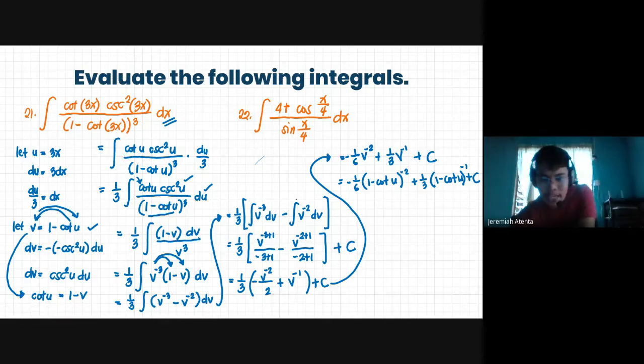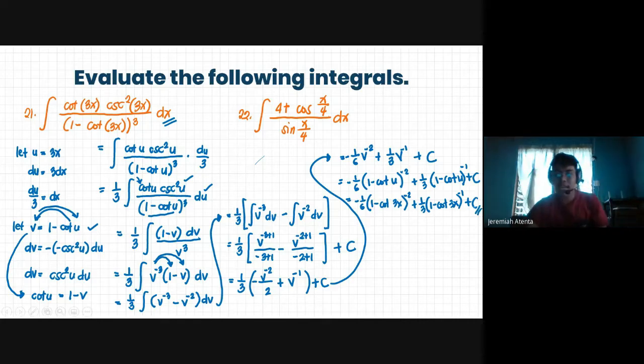And u is just 3x, so we will have the final answer, negative 1 over 6, 1 minus cotangent of 3x to the negative 2 plus 1/3 of 1 minus cotangent of 3x to the negative 1 plus c. And this is now our final answer.